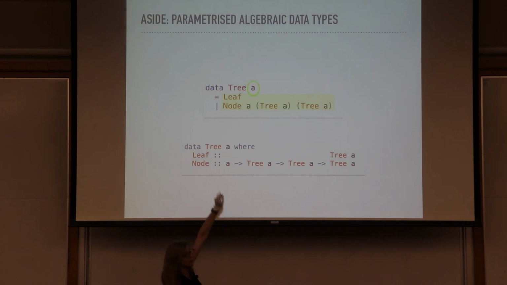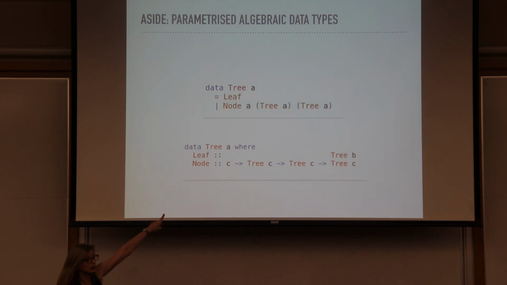So it says leaf has the type for all A, tree of A. And node has the type for all A: if I have an A, a tree of A, a tree of A, then I can produce a tree of A. So I can rewrite this and just not use A's everywhere, and I get the same result. Whereas up there, if I would put A, B, or C in there, it would say type variable out of scope.